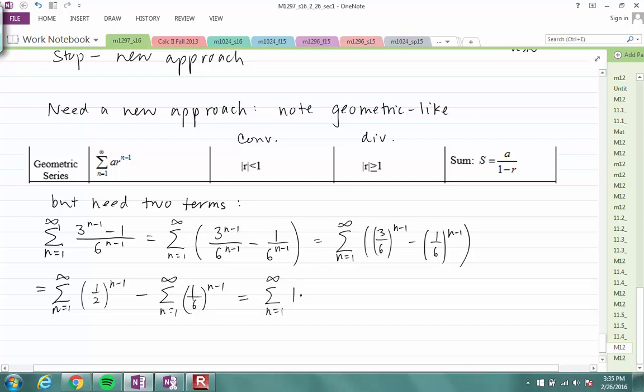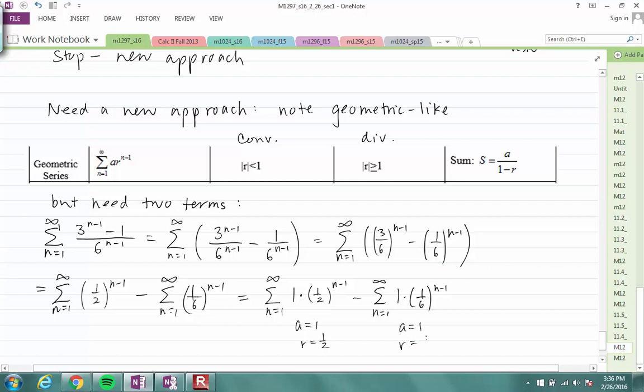We have the power of n minus 1, so our a is 1 here. And so now we have a geometric series. We have a equals 1 and r equals 1/2 for the first one, and a equals 1 and r equals 1/6 for the second one.